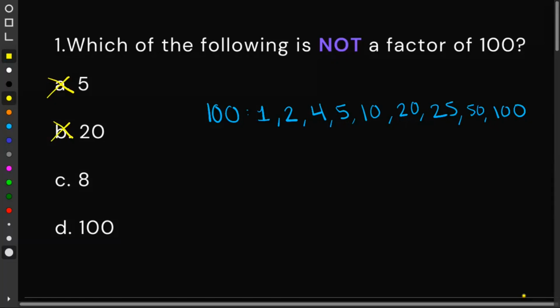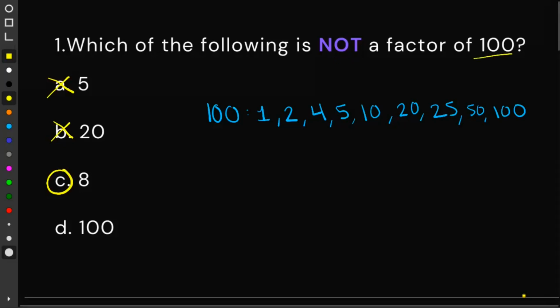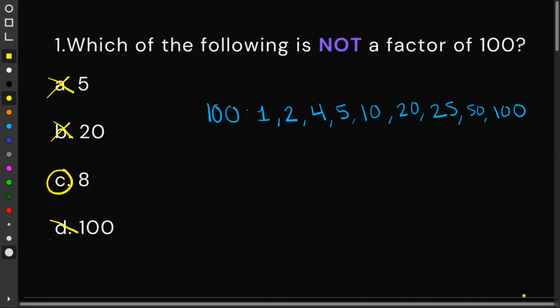For 8, clearly 8 is not in this set, so this must be the answer. But let's also check 100. Note that 100 is a factor, and in fact, a number is always a factor of itself. So we cross that out. So we have found that 8 is not a factor of 100.